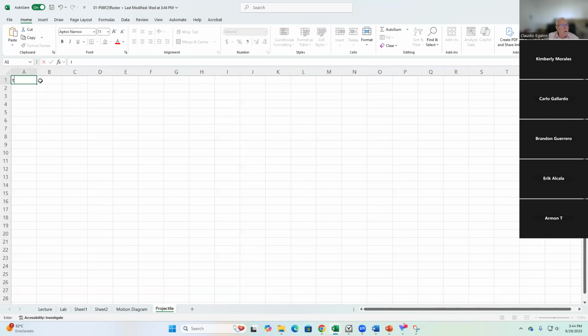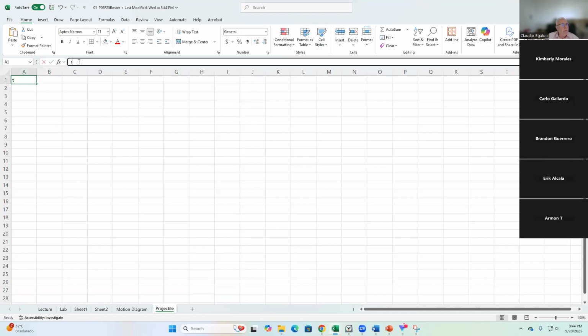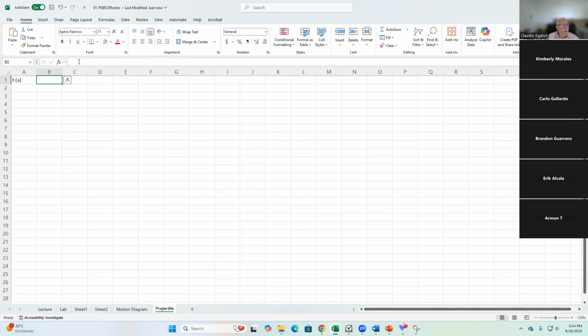Here you go. We're going to need a t in seconds. We're going to need the x position, in meters, and the y position, in meters as well.